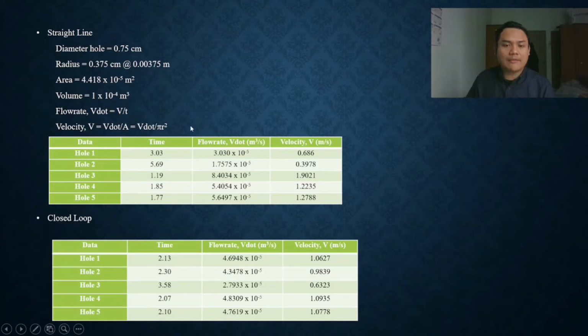After that we calculate our flow rate, and this is what we get on each hole. After we gain the flow rate, we also gain the velocity on each hole for the straight line. Same goes for the closed loop. We have to calculate the flow rate, then after we gain the flow rate, we also gain the velocity of the configuration on each nozzle or each hole. So that's all from me.